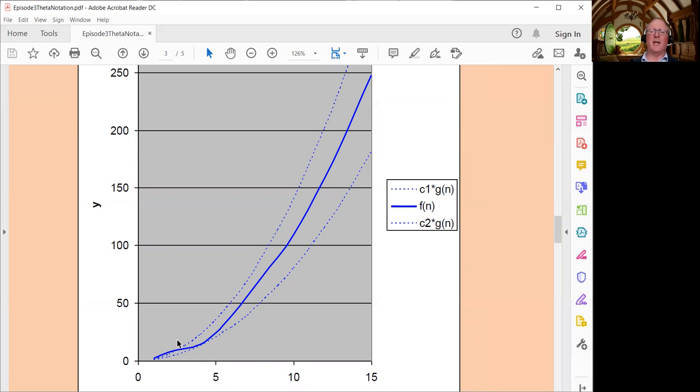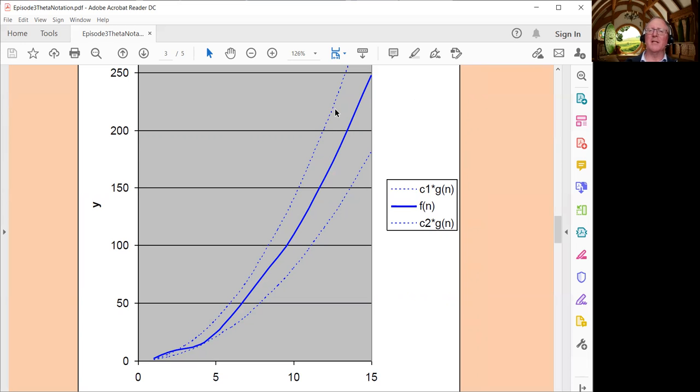And you can see f of n goes above that for a little bit, and then it might touch it, it might go below it. I think it just touches. But it's allowed to go outside of this envelope early on. But it's not very long before we find that f of n is always between, fingers crossed, because we haven't proved that, we're just relying on the graph, always going to be between C1 g of n and C2 g of n.